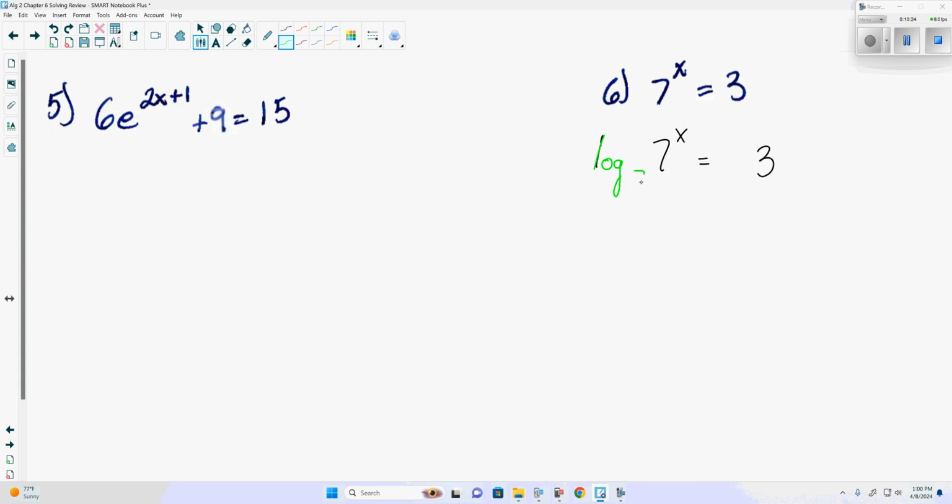Not 10. Oh, 7. Because we need the base and what's inside the log to be the same, because the x would come out of the exponent. And log base 7 of 7 reduces to 1. So the log base 7 of 7 to the x is just x. The other side is log base 7 of 3.